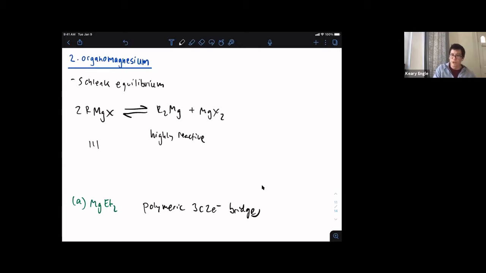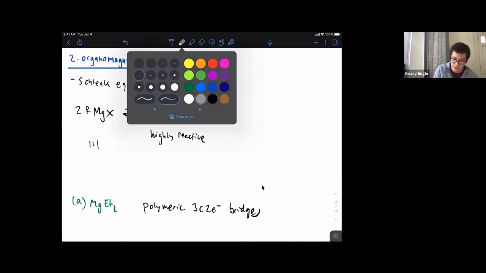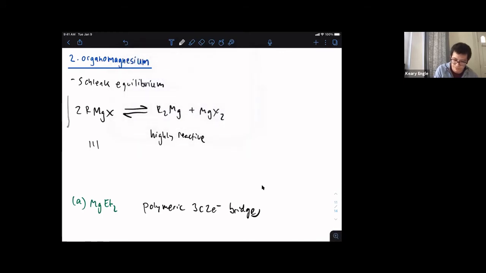Okay, let's move forward to organomagnesium complexes. And so here a key concept that I want to emphasize is the Schlenk equilibrium. So let me highlight this.